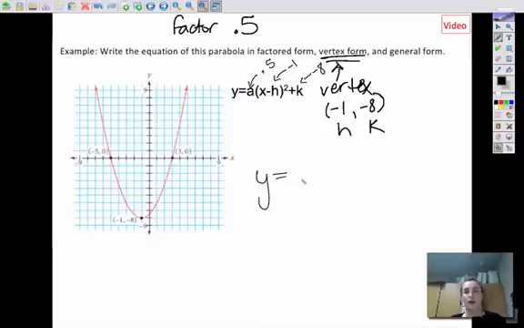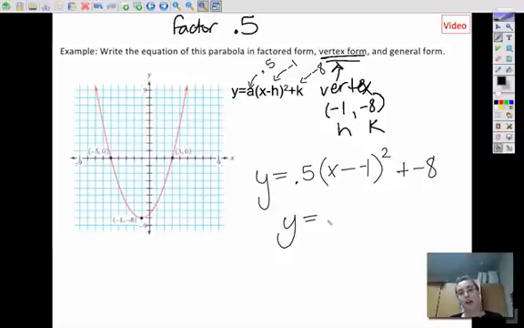So I have y equals 0.5 times x minus -1 squared plus -8. Rewriting this, I would like you to write it as y equals 0.5 times x plus 1 squared, instead of minus -1. And instead of plus -8, you could just write minus 8.